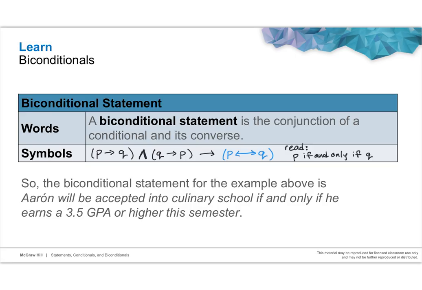And that is read P if and only if Q. So for this example, our biconditional statement will read, Iran will be accepted into the culinary school. Here's our phrase, if and only if he earns that 3.5 GPA or higher in the semester.